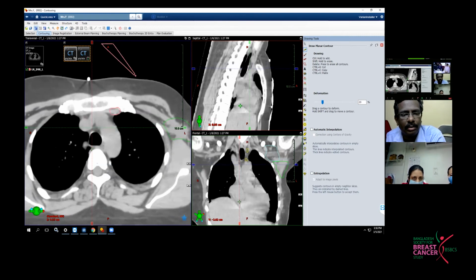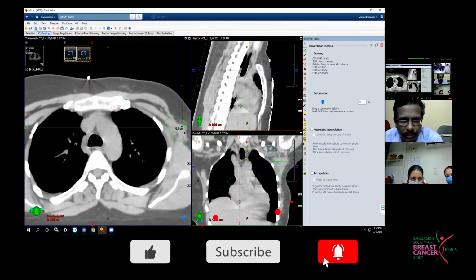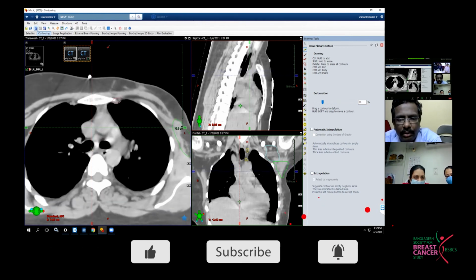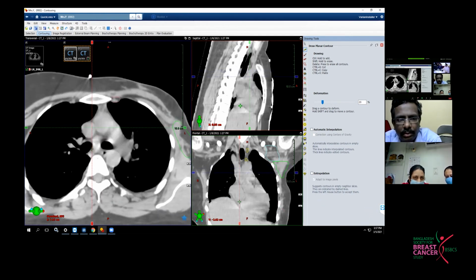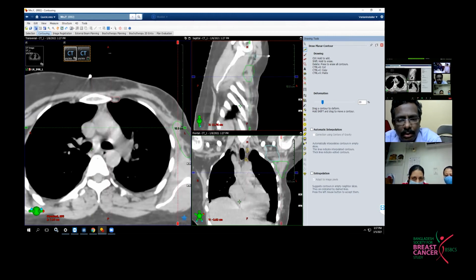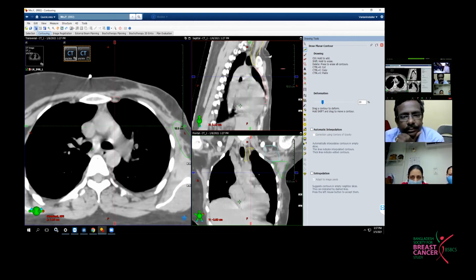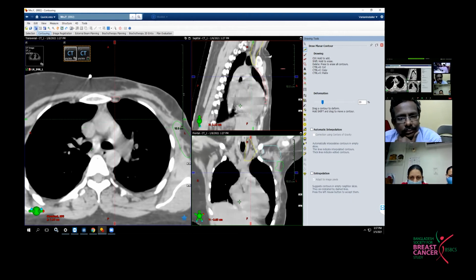This is the first rib here, and this is the cranial border. I am going down. No, but you have to get at that angle. Move this thing. Yeah, so now here you can see how many spaces you have contoured.